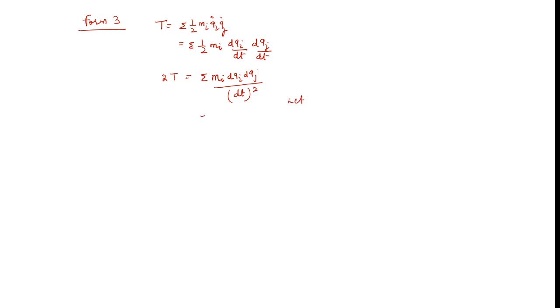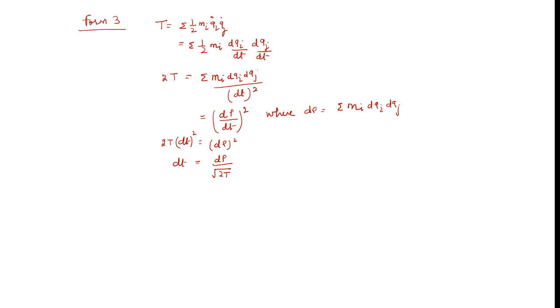Let it be equal to (d rho dt) square. Again twice T dt square is d rho square, where d rho square is summation mi dqi dqj. So finally dt is obtained as d rho upon root twice T.